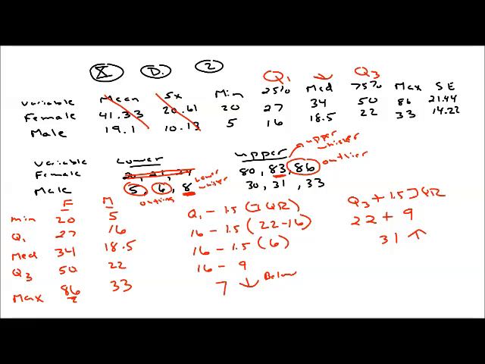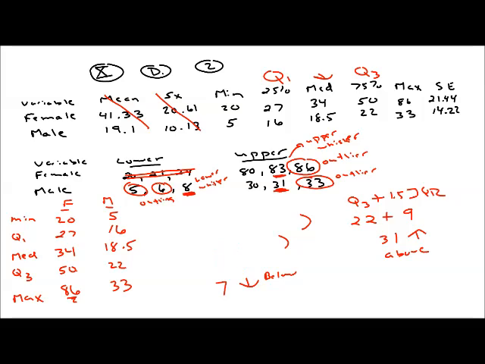Are there any numbers above 31, not including 31? That is an outlier. That is not. Okay, that is not. That is my upper whisker. Now, I am ready to make my box plot, modified box plot.